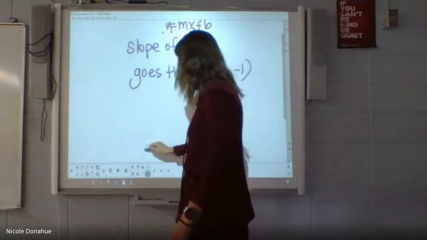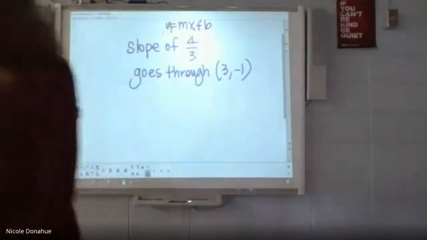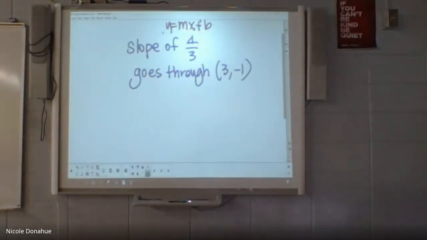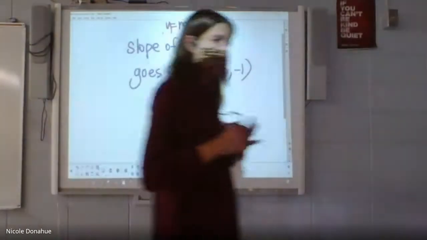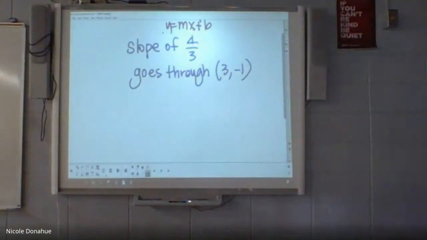And again, that should work out nicely. I'm just gonna give you that heads up as a warning. It goes through (3, -1), but the slope is 4/3. We should be setting that up, putting your x and y and your m in, so putting all those values in. That's your x and y. You're going to put that in for y equals mx plus b. When you write out your y equals mx plus b, I don't need your calculator quite yet.